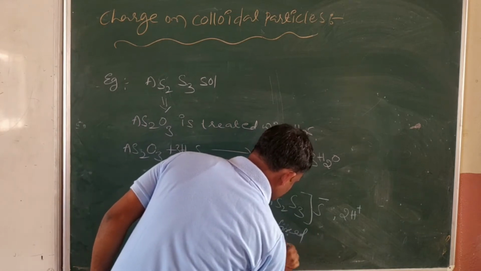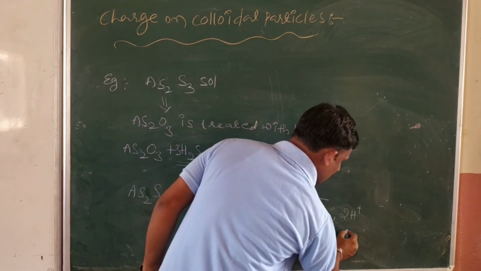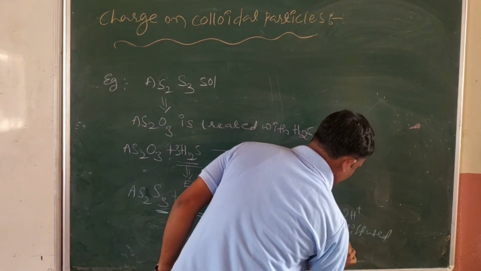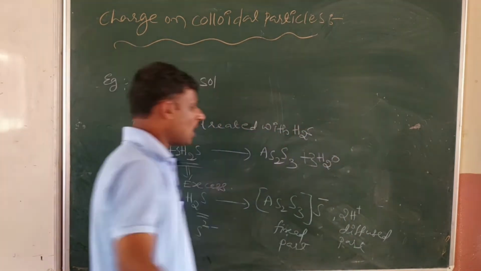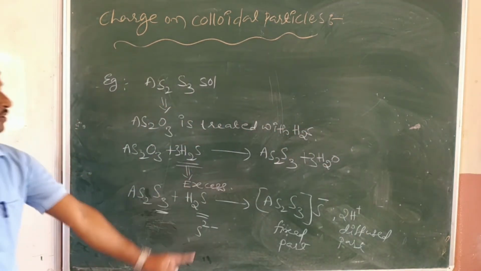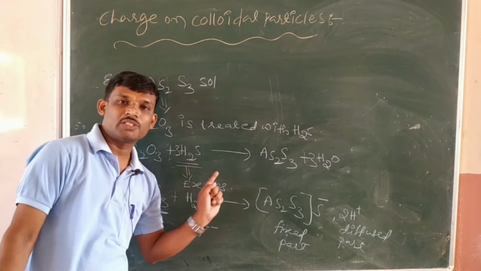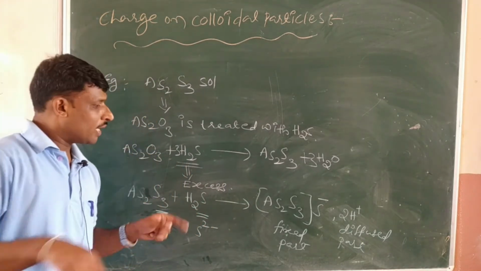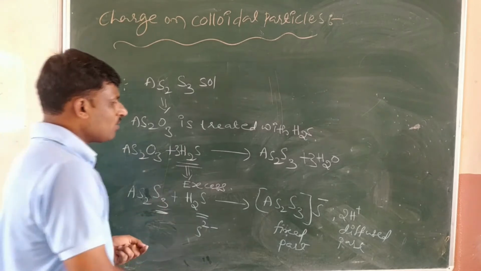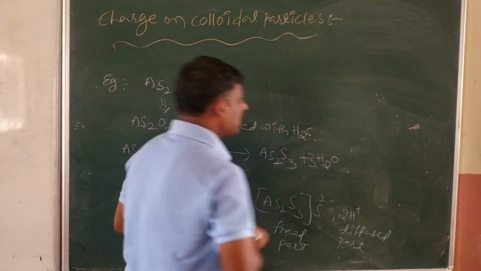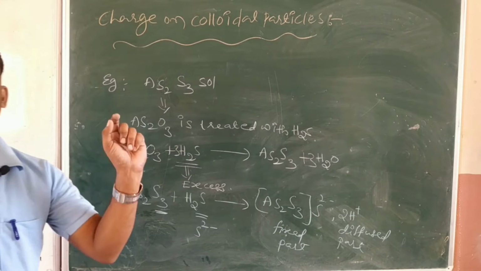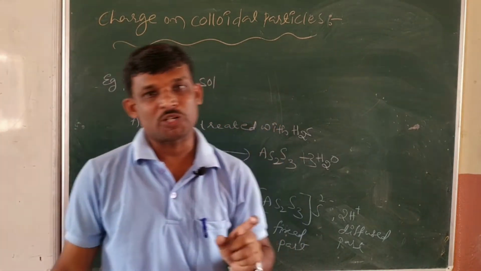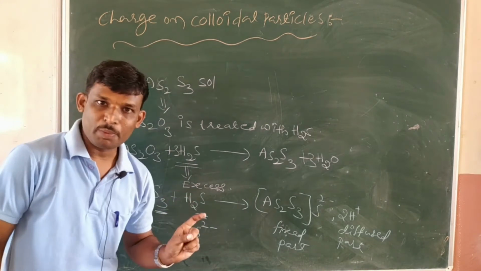This is the fixed part, and this is the diffused part. Which charge does the arsenic sulfide sol carry? Negative charge. So whatever it may be, the charge on colloidal particles depends upon the common ion which is present in the dispersion medium. Are you getting my point?